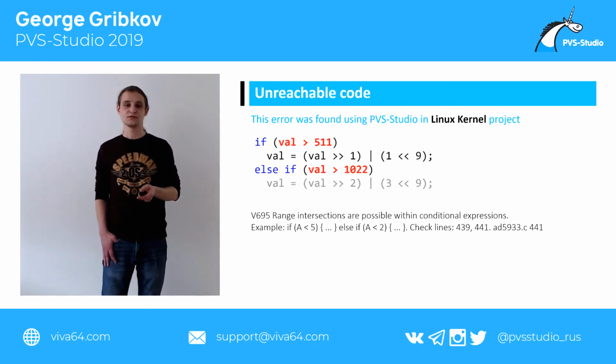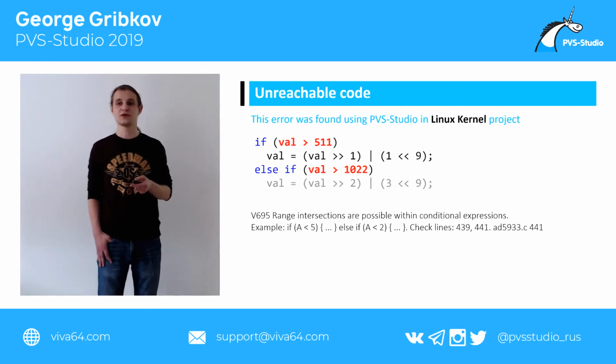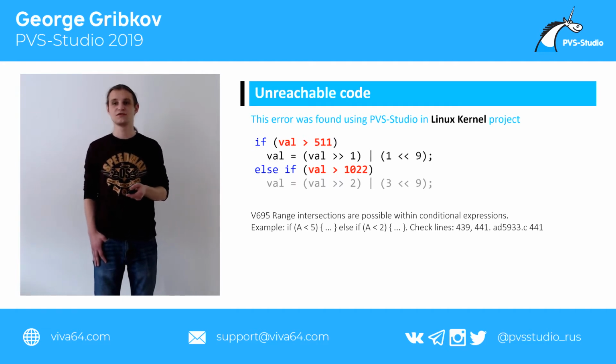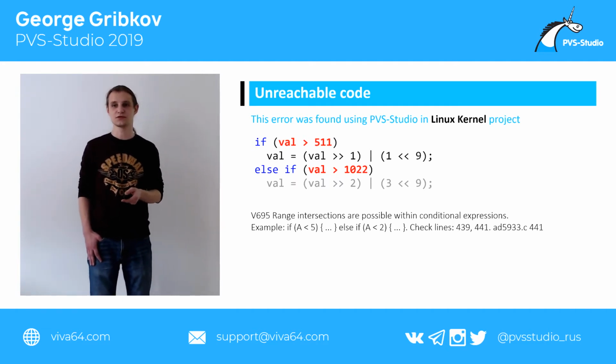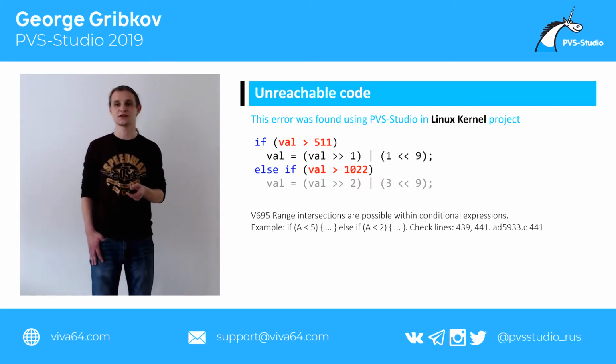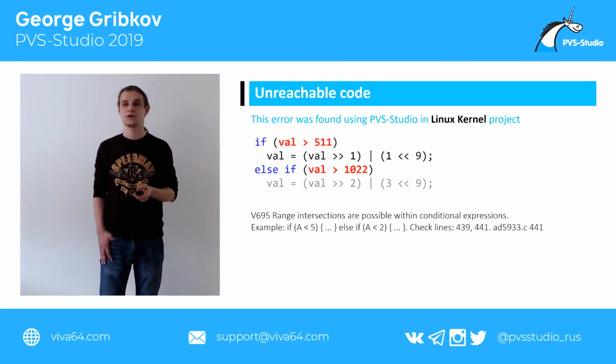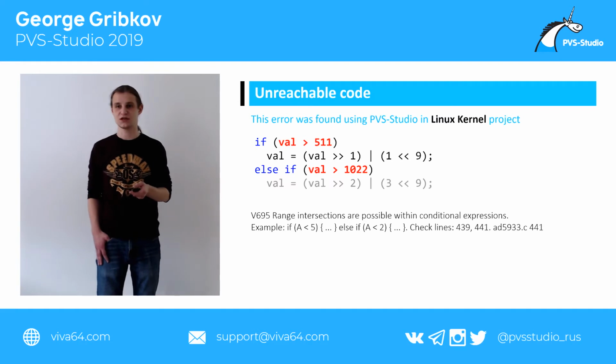Another example is a fairly common error pattern when you need to do different actions depending on some values. Sometimes the order of checks is incorrect, and as a result, some checks don't work. Look, if the value is greater than 511, some action is being taken.